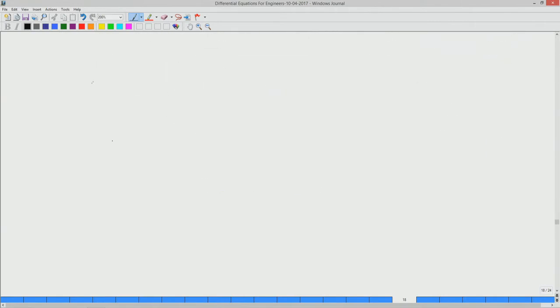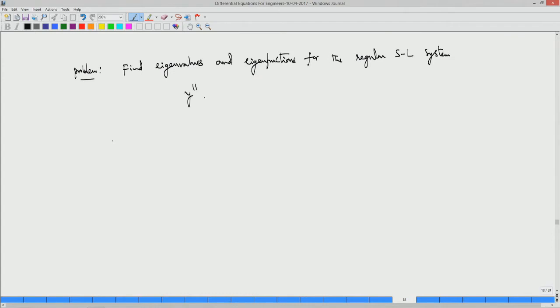So, what we do is we make a problem: find eigenvalues and eigenfunctions for the regular SL system y double dash plus lambda y equal to 0.